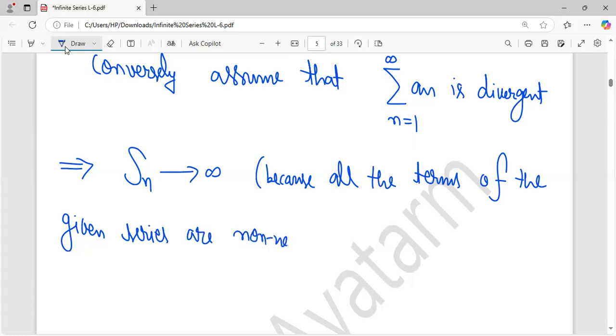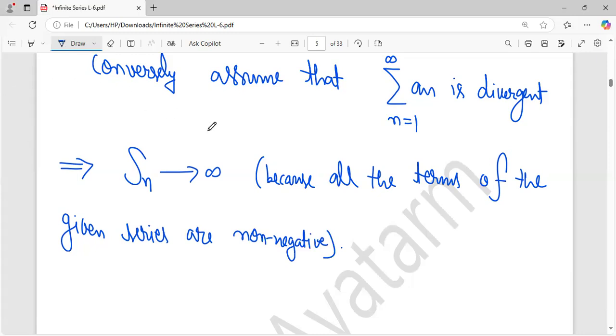It means the series cannot diverge to minus infinity. It will diverge to plus infinity, and it cannot oscillate either. Because the terms are non-negative, it will tend to infinity.